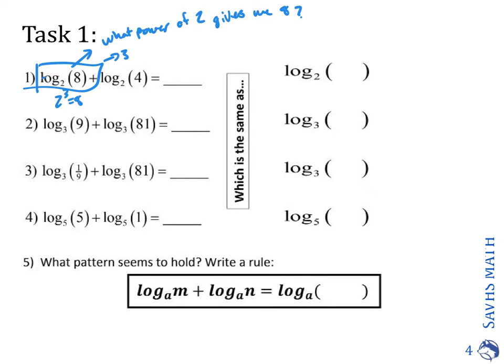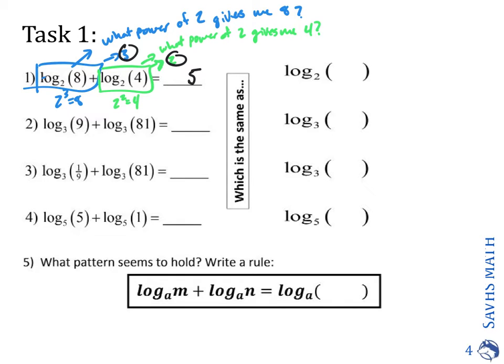The next one says, same question except the answer here is 4. What power of 2 gives me 4? Well, I know 2 squared is 4, and so my answer here is 2. So then I have to do 3 plus 2, and I get 5.